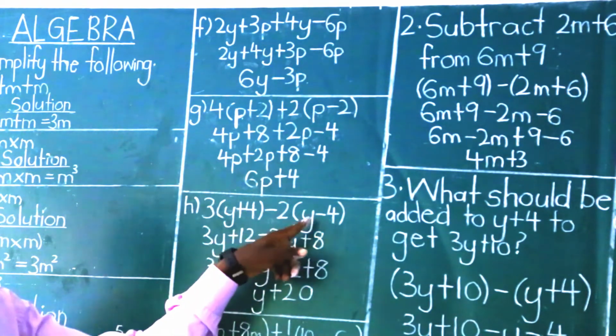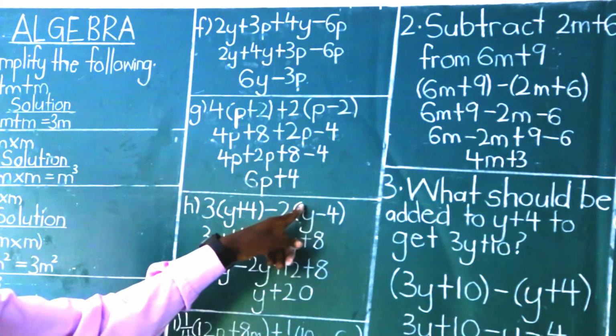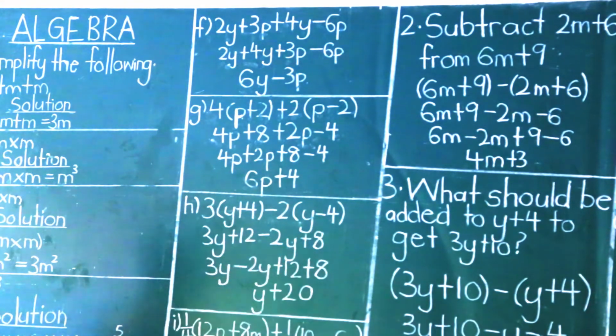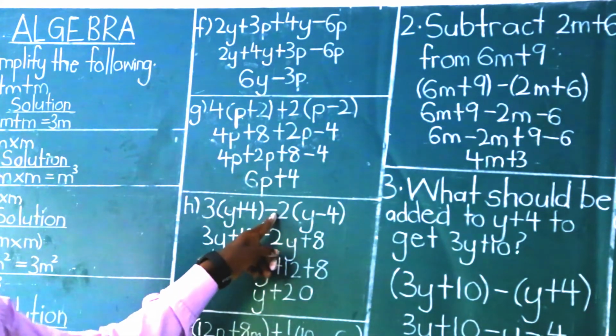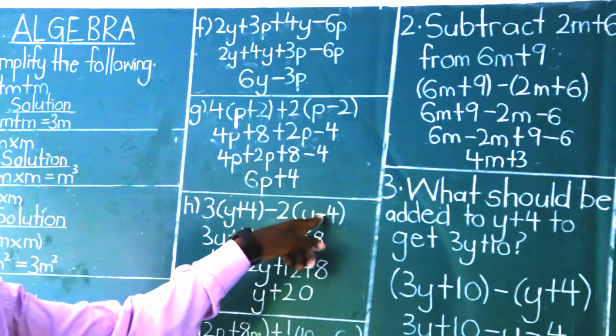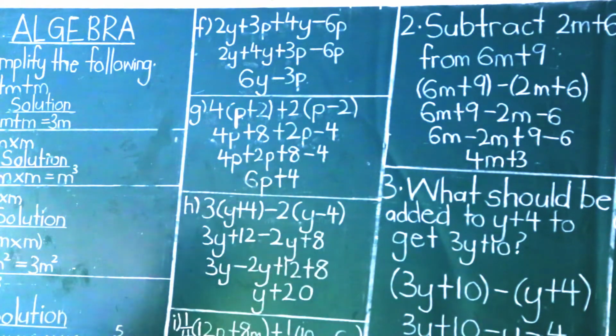Now, then negative 2 times y is negative 2y. So y being a positive, it has changed to now a negative. And then negative 2 times negative 4 is a positive 8. So, like we said, this minus must be changed to a plus when you are opening the brackets using a negative. Remember to change the sign because of the negative opener.